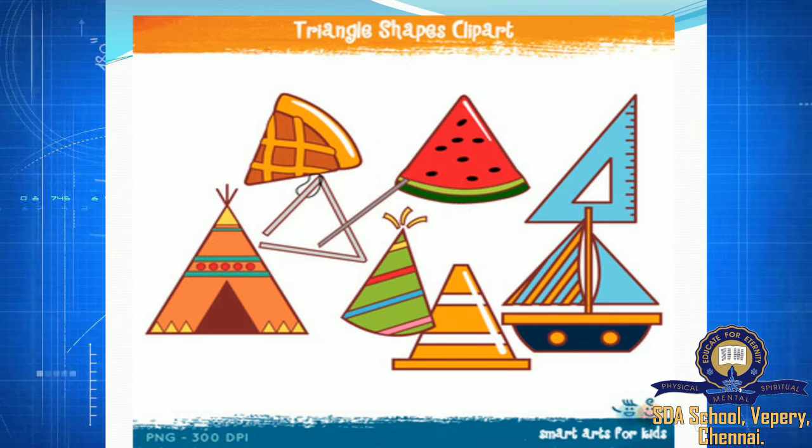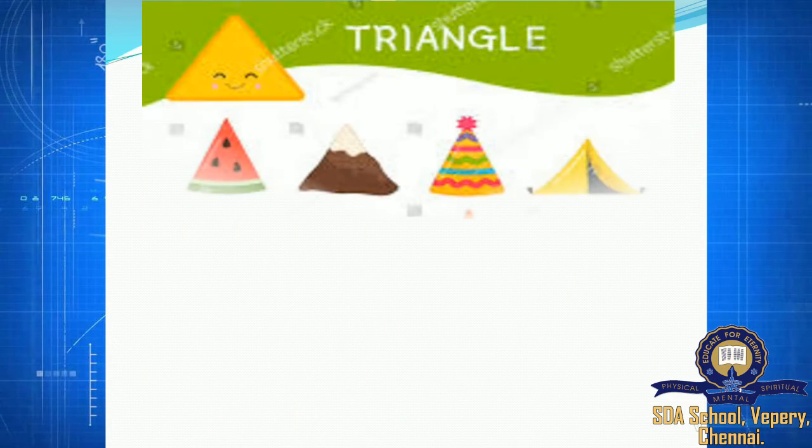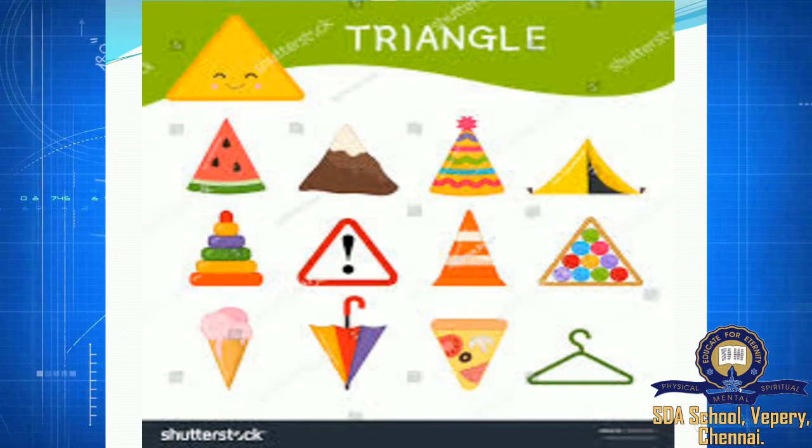Now you can take some objects in your home and show them to your parents. Here are another few examples for triangle. Is it visible? Yes.